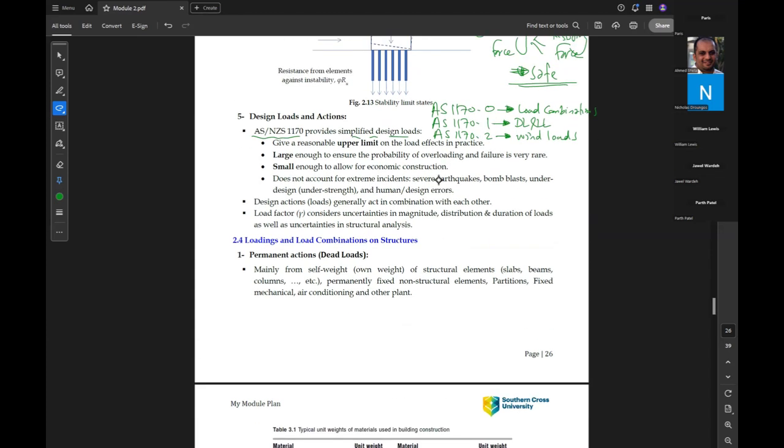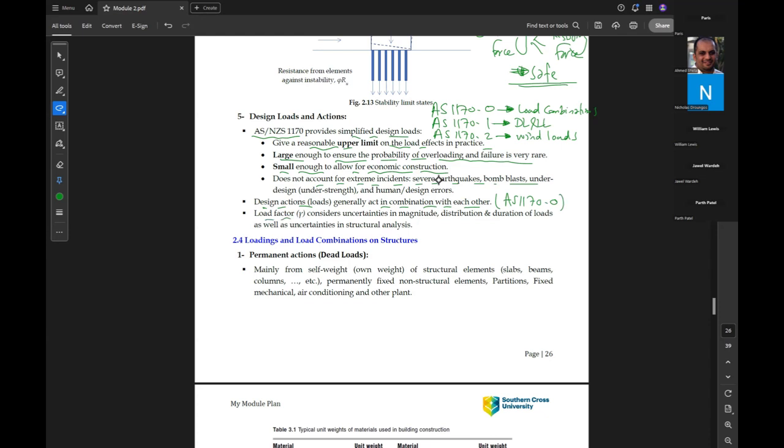The standard gives a reasonable upper limit on the load effects in practice, large enough to ensure a small probability of overloading, small enough to allow for economic construction, and it doesn't account for extreme incidents. Design loads generally act in combination with each other. These combinations are given by 1170.0.